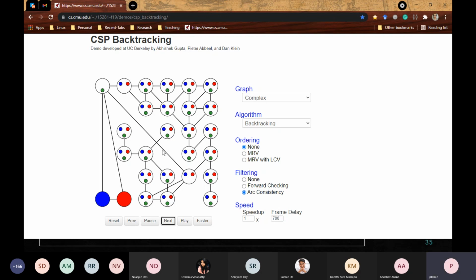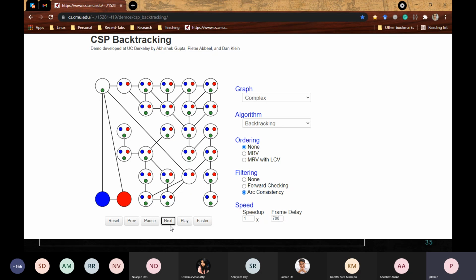Now, arc consistency will check whether these arcs, as we have changed the domain of these variables, so the connected nodes, their domain will also get changed. And you see, as we have green here, there should be no green here, right?